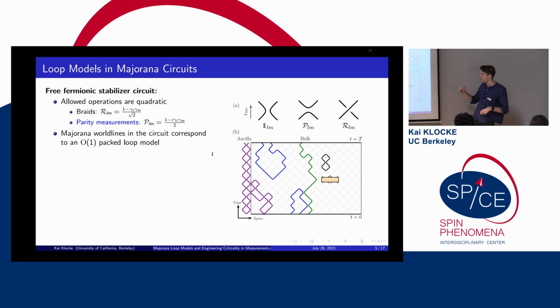What's very appealing about this is that because it's a stabilizer state and it's free fermionic, all of the information about your system is just encoded in the two-point functions of the initial and final time fermionic operators. And so really, all you've got is just a circuit which can scramble and repair these Majoranas. So this admits a diagrammatic representation wherein, of course, a braid operation is just exchanging, but a projection operation is just connecting two Majorana world lines.